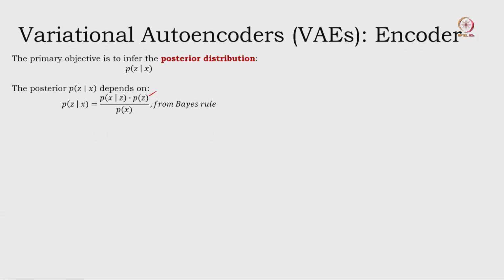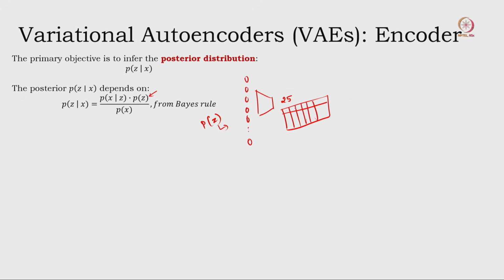Now, what is P of Z? Z is nothing but a latent space. If you go back and recall from our previous sessions, if you have 100 features and you pass them to an encoder, after you compress, if you define the space as 25, then it means you now have 25 features.